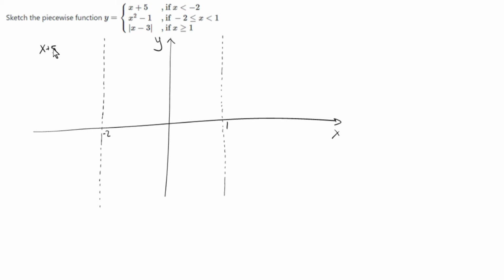Okay, so for the leftmost region, the function is defined as x plus 5. This is a linear function, and this is defined when x is less than -2. So this means that at -2, the y-coordinate is going to be 3.